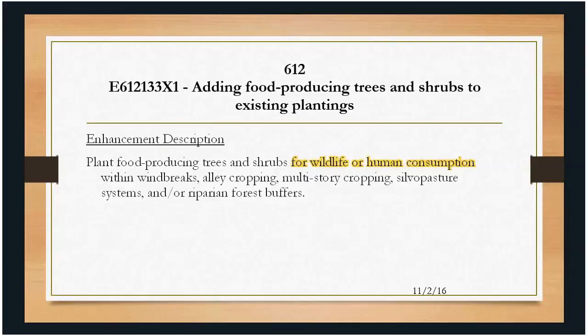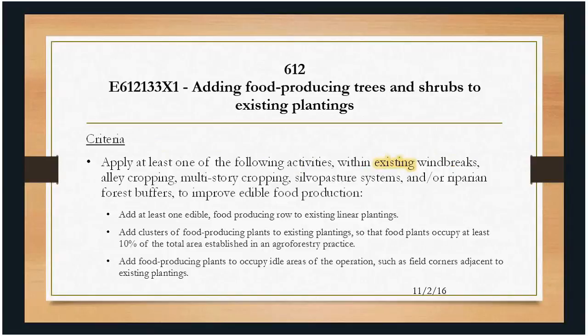Within windbreaks, alley cropping, multi-story cropping, silvopasture systems, and/or riparian forest buffers, you have to have an existing agroforestry planting that you're going to incorporate food producing trees into. You can't just plant apple trees. You're not going to use this to plant your orchard, I guess. Yeah, they don't want you to just plant your orchard with this.